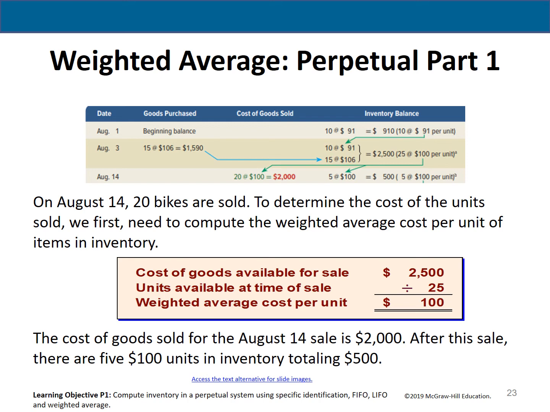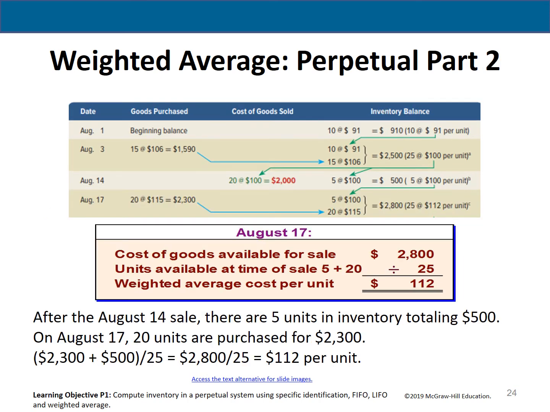Let's keep going. After that sale, we buy more bikes, don't we, on the 17th? Every time we buy more bikes, we must update our average cost per bike. So before this purchase, there were 5 bikes that had an average cost of $100 each.